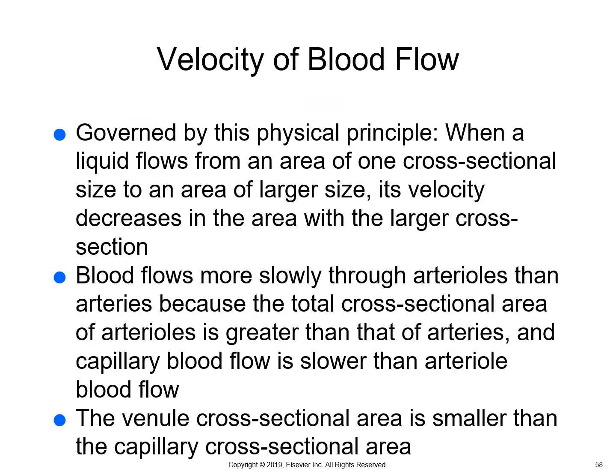Now let's look at the relationship between blood flow velocity and the cross-section area of our blood vessels. This will help us better explain why blood moves faster in different parts of our circulatory system. The principle of fluid flow states that the velocity of a fluid such as blood inversely correlates with the total cross-section area of the vessel.